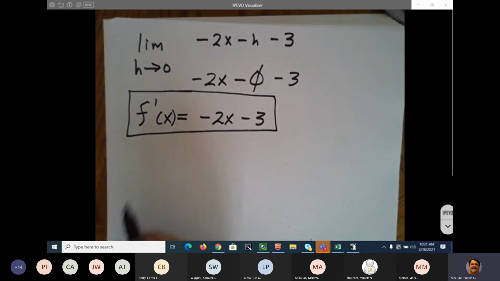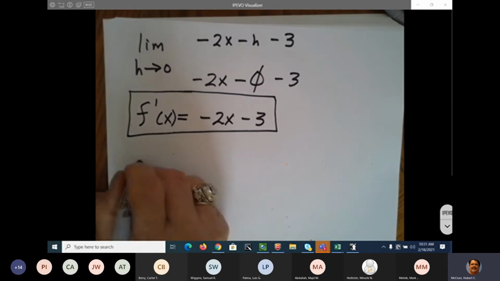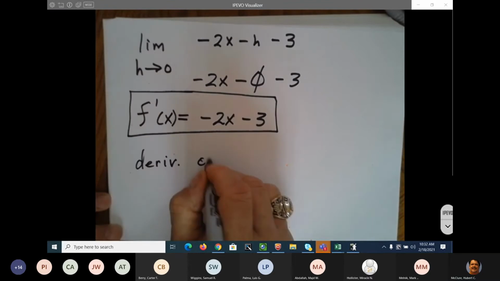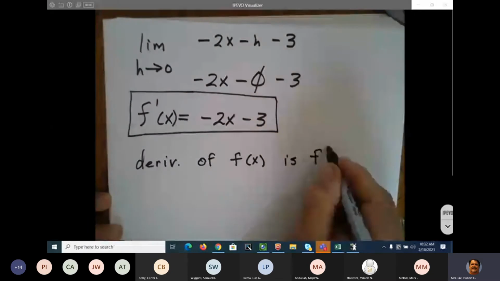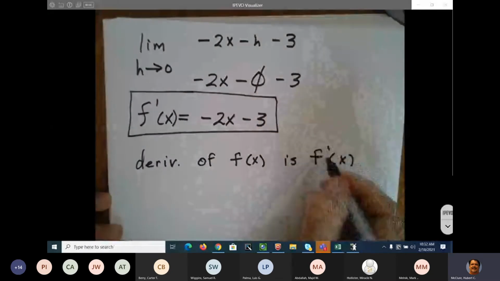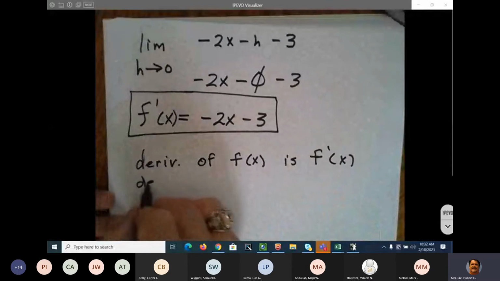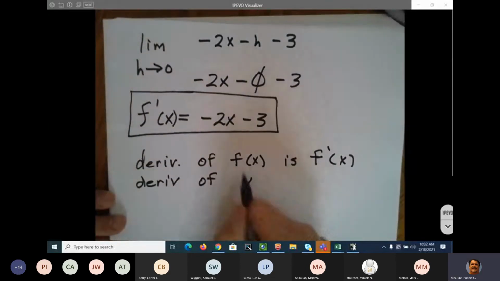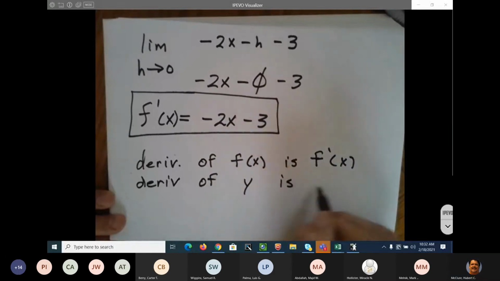Now, notice I said f prime of x. The derivative of f of x is f prime of x. You've got to get used to seeing it like this. The derivative of y, because that can be written as y, is y prime.